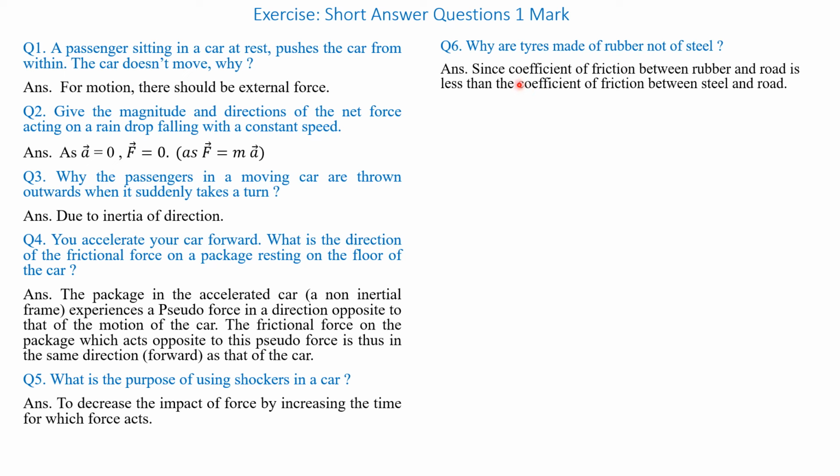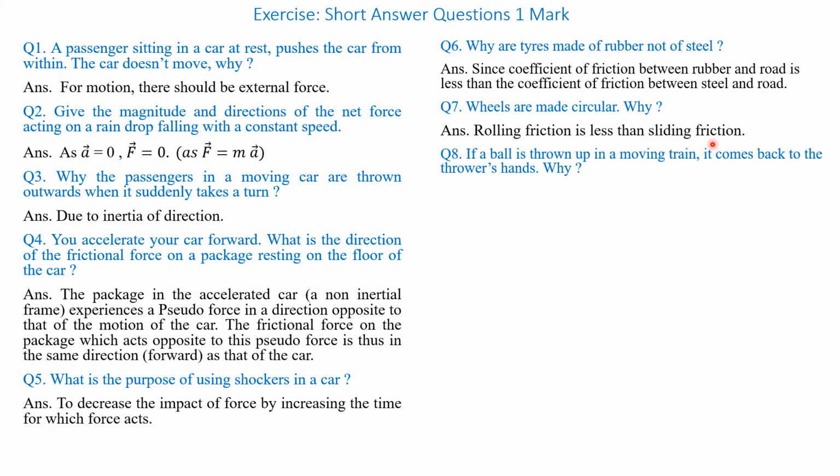Answer: since the coefficient of friction between rubber and the road is less than the coefficient of friction between steel and the road. Next question: Wheels are made circular. Why? Answer: rolling friction is less than sliding friction.